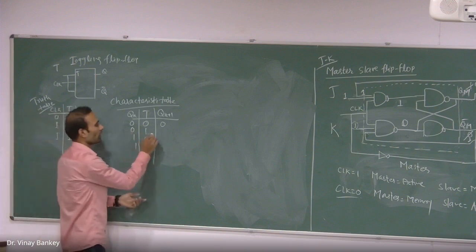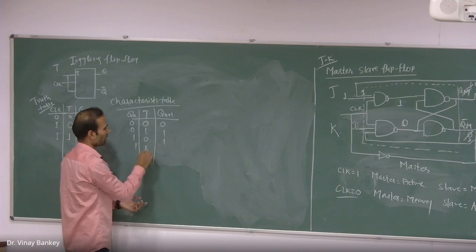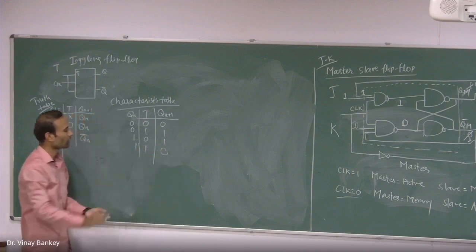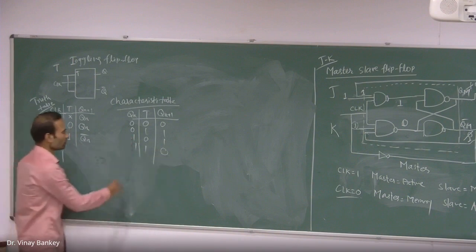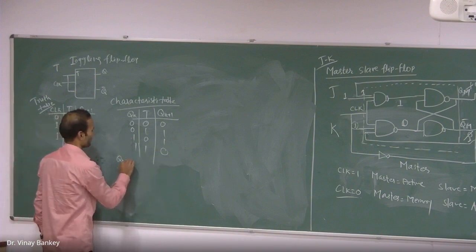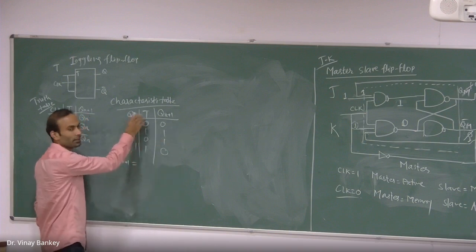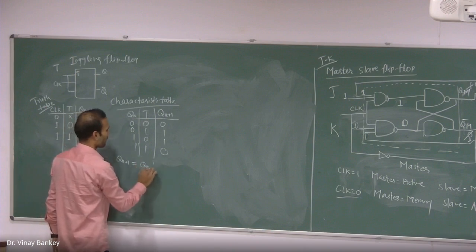If you apply 1, it will become 1. If previously it was 1 and you apply 0, it will become 1. If you apply 1, and previously it was 1, it will become 0. This is very easy, isn't it? Okay. So can you write the Boolean expression in terms of Q and T? Think it and write.